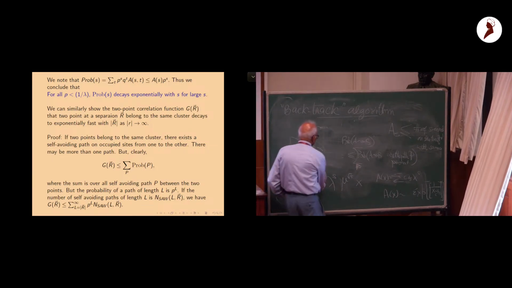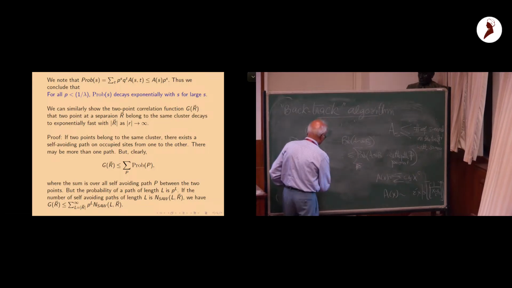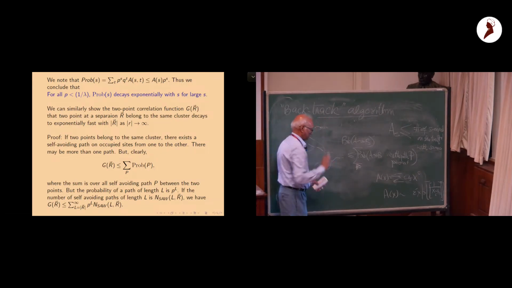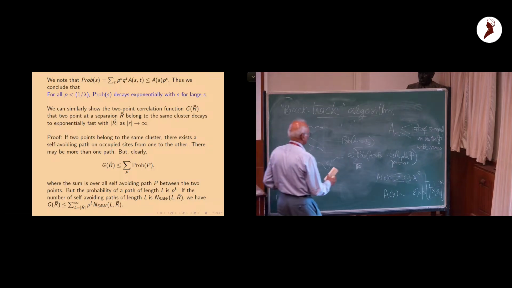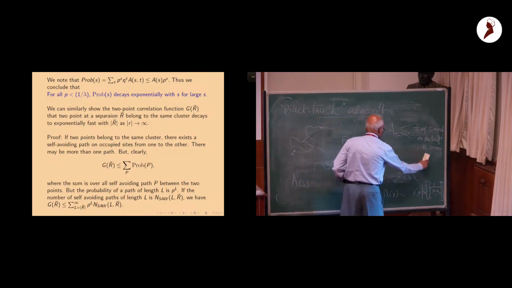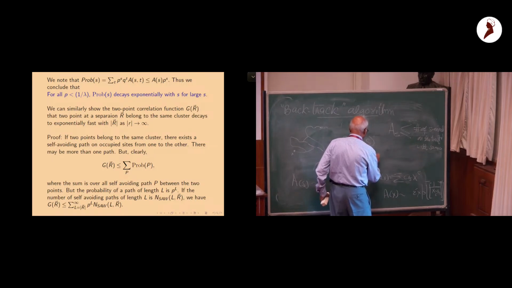Okay? But now if there is a path of length L, then the probability that this path is present is p to the power L. Okay? So this is p to the power L of path.